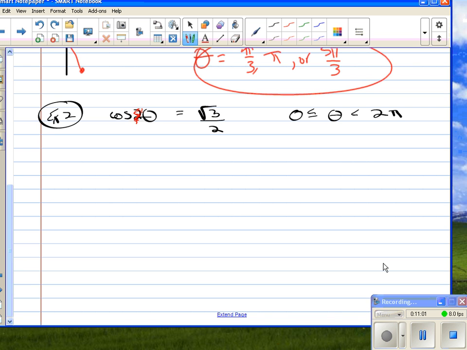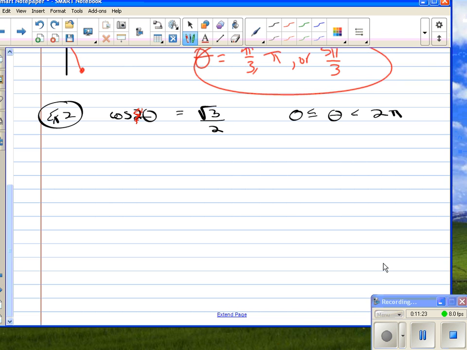Then I can just look for the x values in the unit circle that have a square root of 3 over 2. That's pi over 6 and 11 pi over 6, right? Kind of, sort of, maybe tomorrow. Yeah. Now, the 2 messes it up, though.